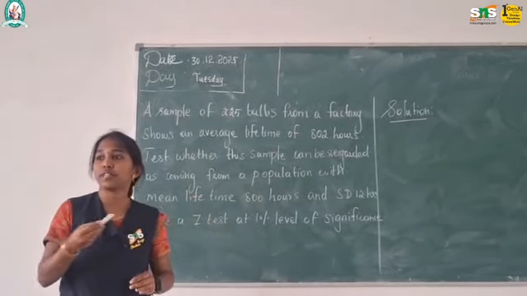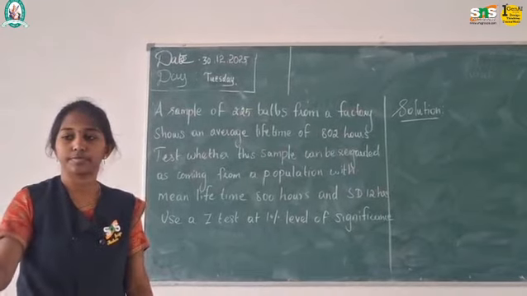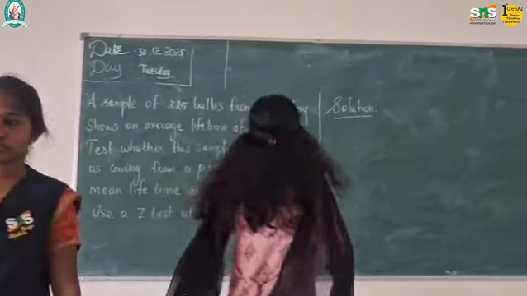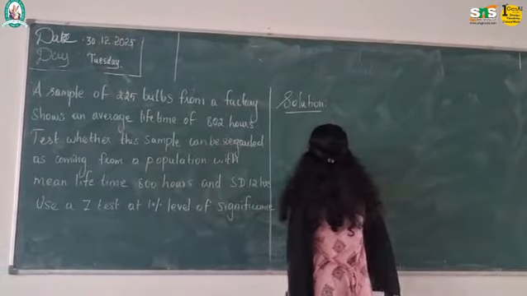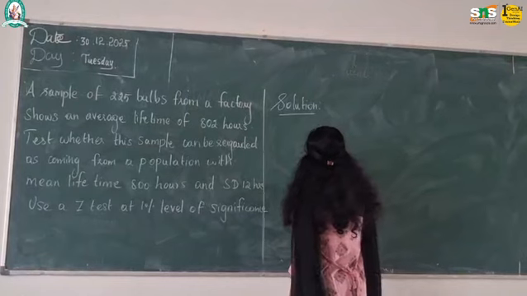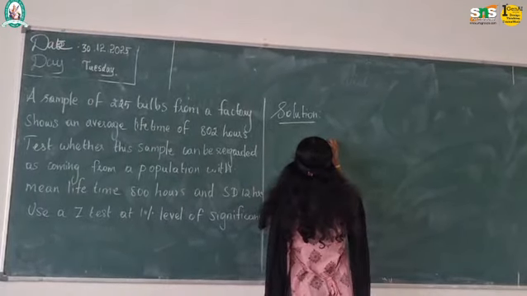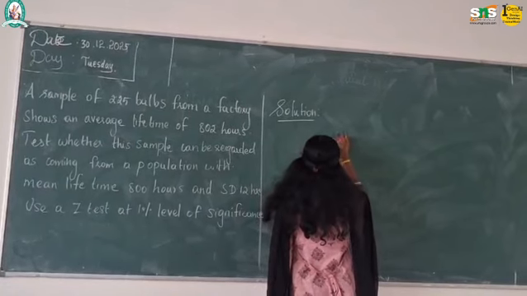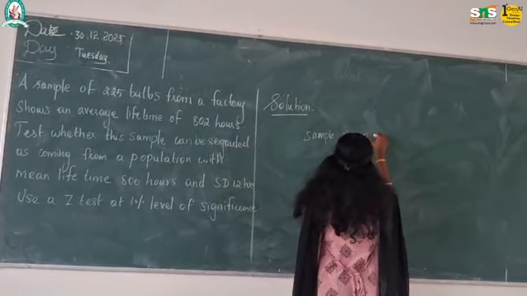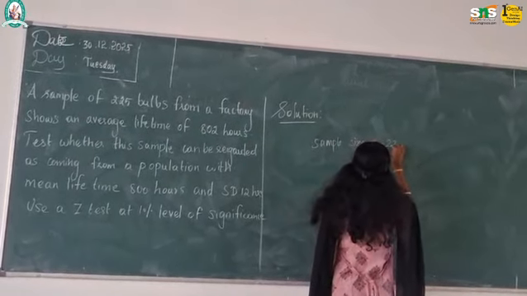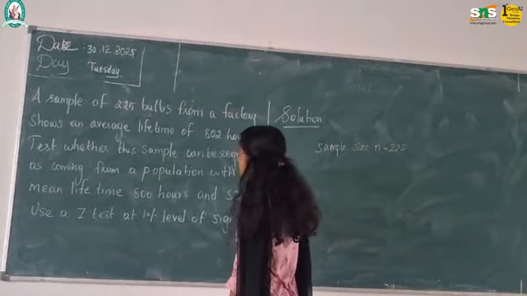Fabia, can you come and explain the first hypothesis part? First, we need to write down the given values. The value of the sample size n is 225. Next, we are going to write the value of the sample mean.